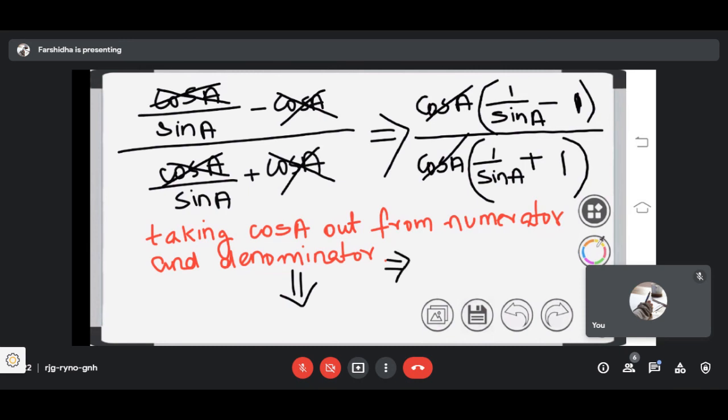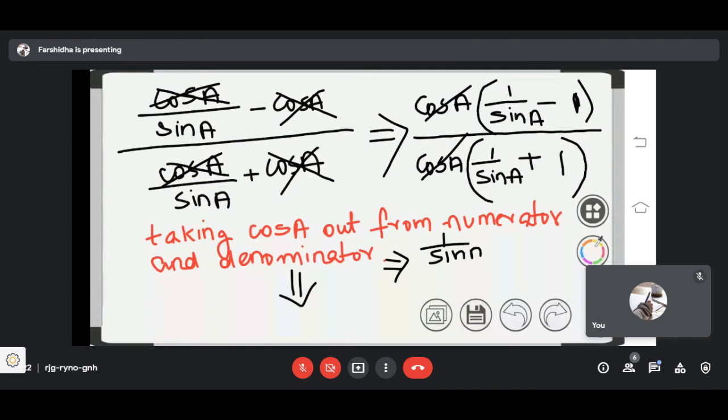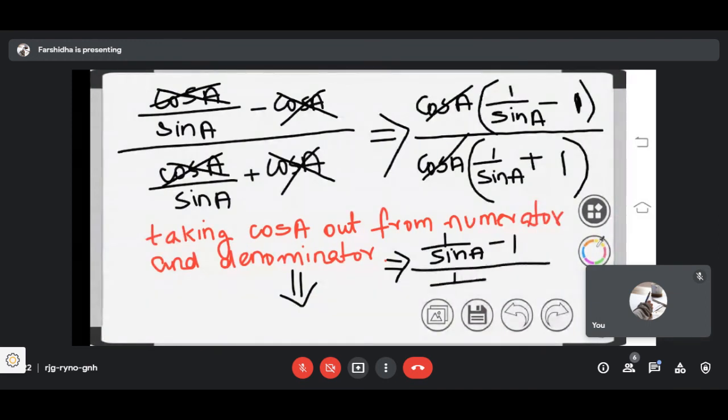Now what is remaining? 1 by sin A minus 1 divided by 1 by sin A plus 1. So you know what is 1 by sin A? Reciprocal of sin is what? Cosec. Cosec A equal to 1 by sin A.